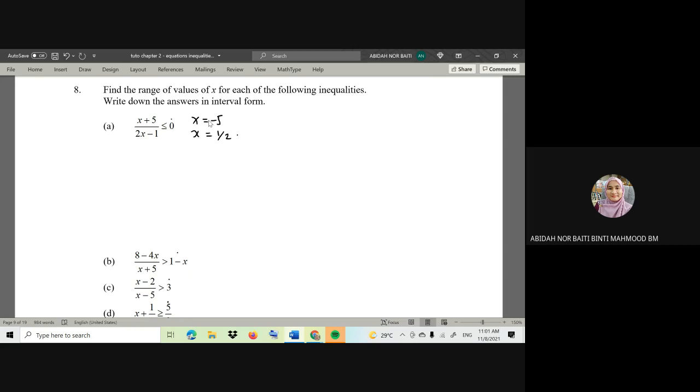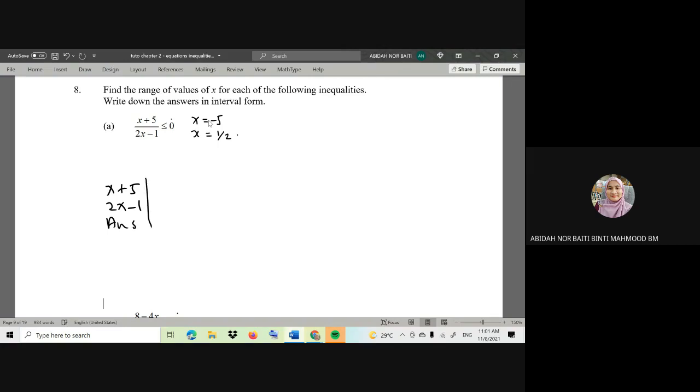Then we can simplify, then we can use table of sign. Here we have two linear functions. We start from x plus 5 to 2x minus 1, and here is your answer.